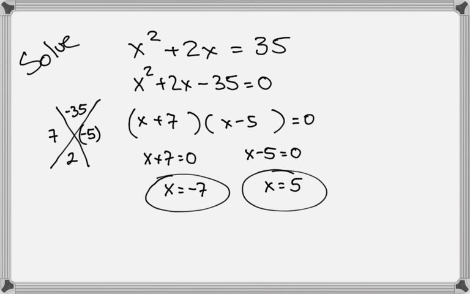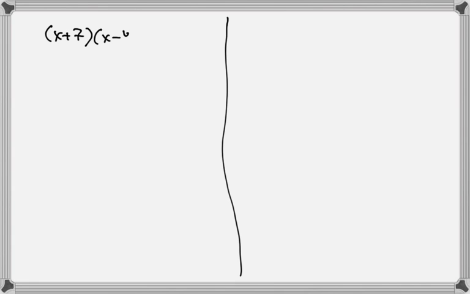Okay, what else? Here we go. Now, let me give you 2 different problems. One more time, we're making sure that everybody knows what's going on. (x + 7)(x - 4) = 0. That's number 22.